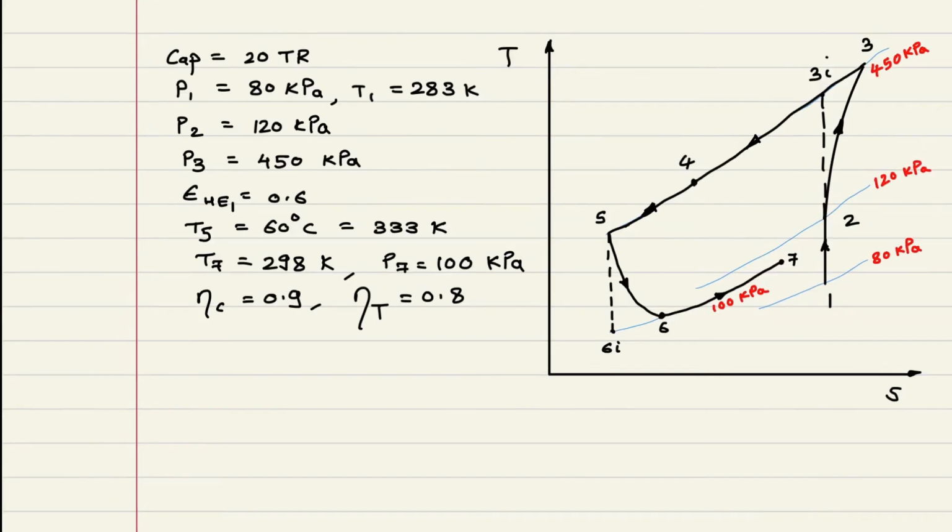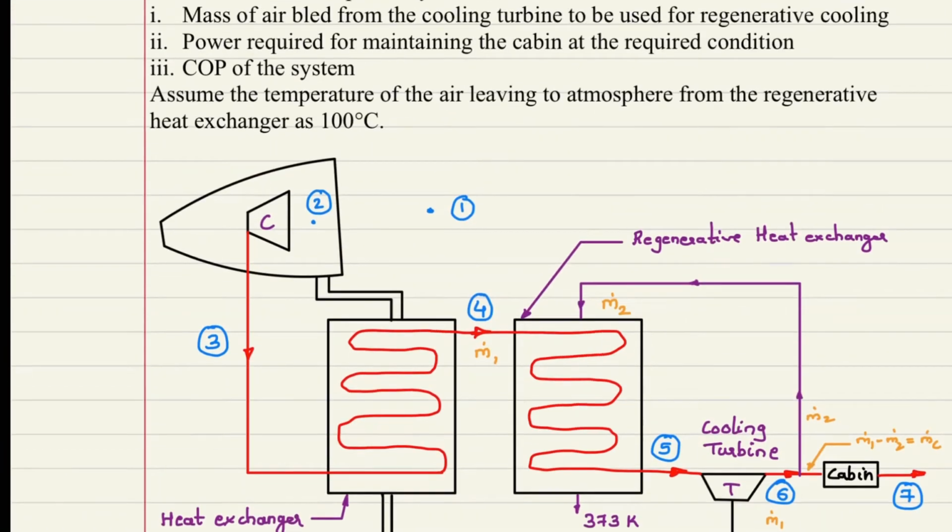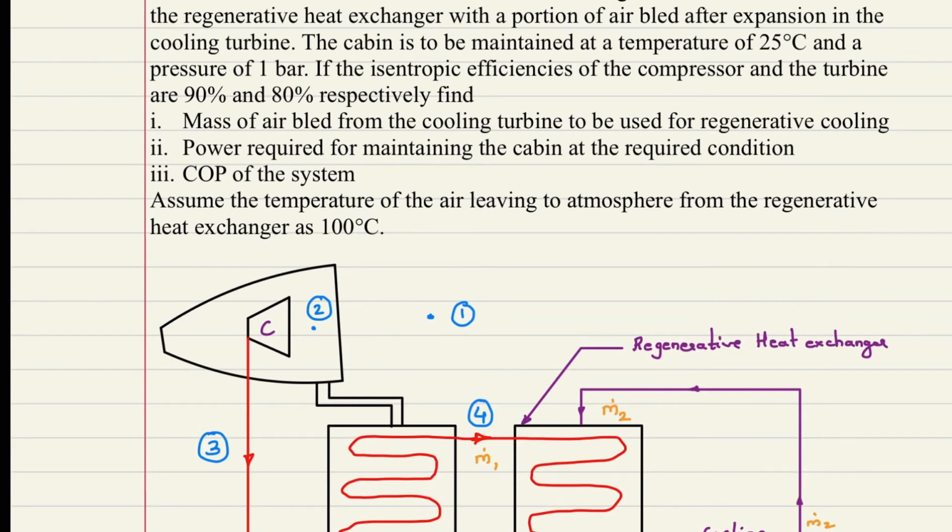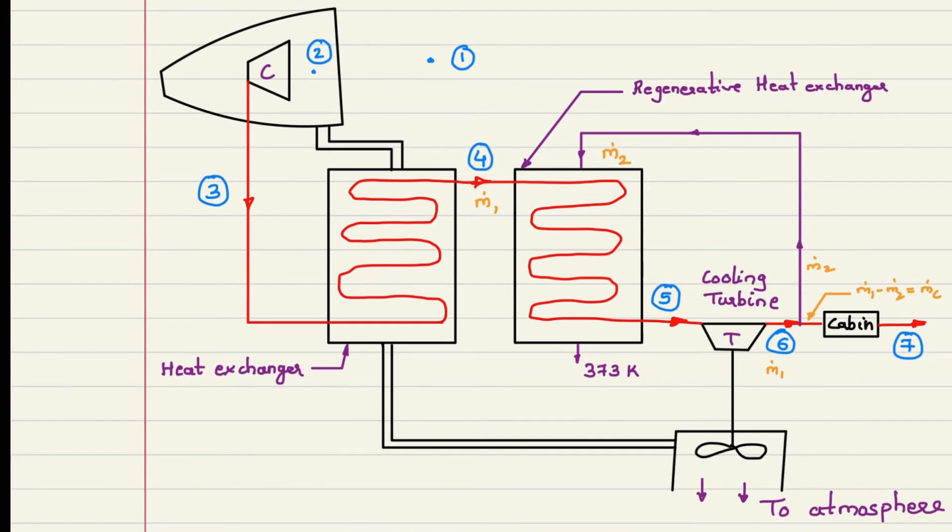Now what we have to calculate in this question? Mass of air bled from cooling turbine to be used for regenerative cooling. What is this? If you see this diagram, this is the mass which is taken from this point for regenerative heat exchanger. So we have to calculate this m dot 2.